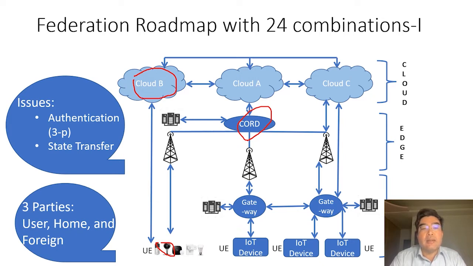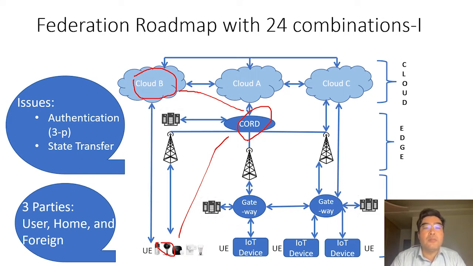I need to be authenticated by the third party, and the third party will need to connect to my second party in order to retrieve my account information, and then verify I have an account there. And since they are federated, there must be a way for them to talk in this way. That is called third party authentication.